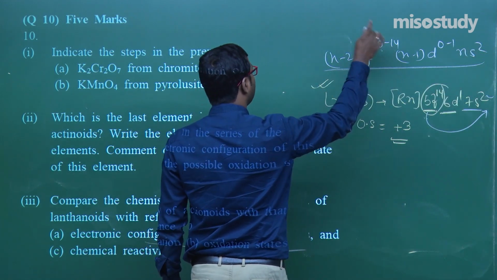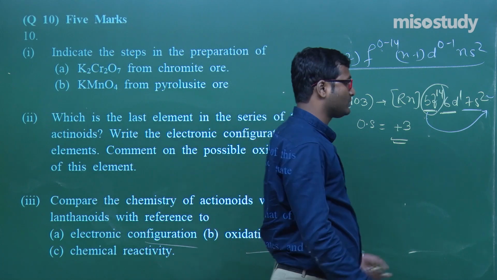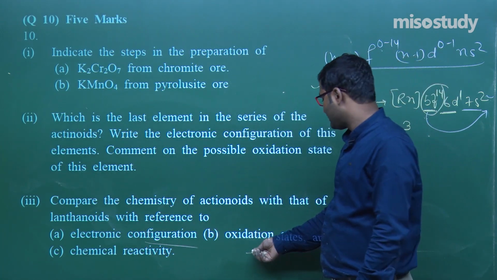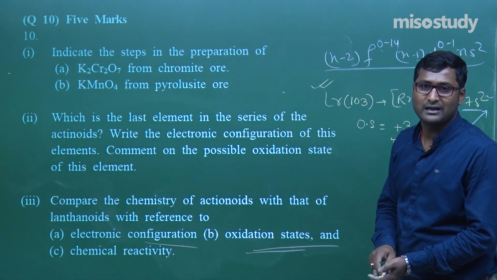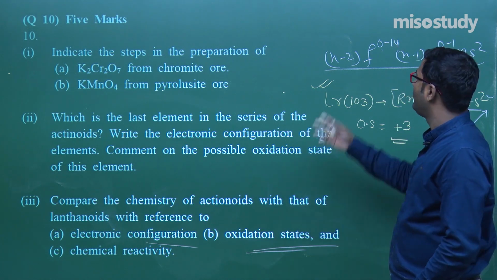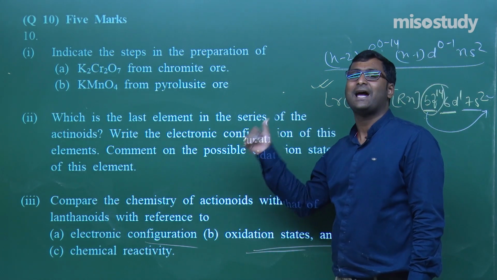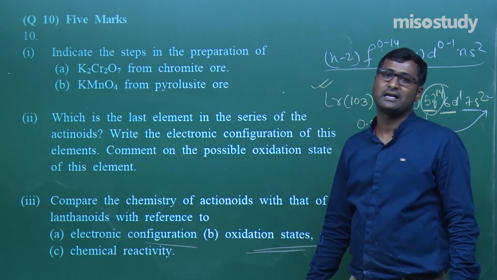In many books it is given as I told you, 1 to 14 also. The general common oxidation state is +3, and for chemical reactivity, all members of this group have almost equal size due to actinide contraction, so the chemical reactivity is similar.